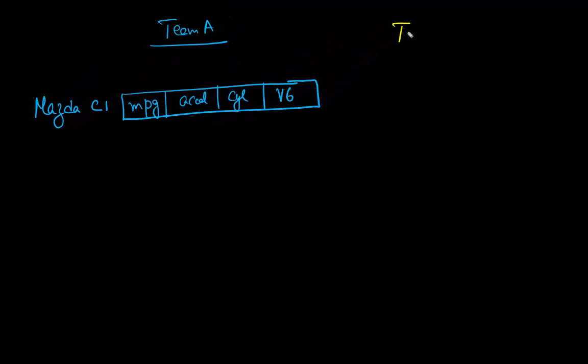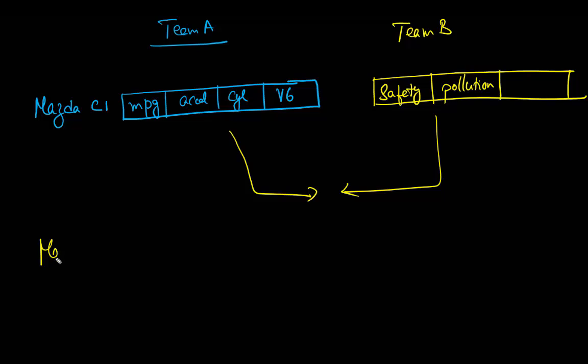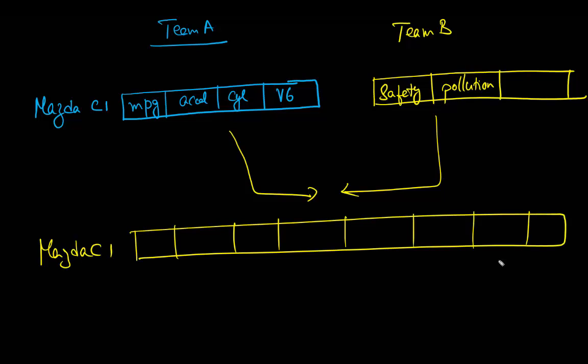And then there's team B that's getting data like the safety rating, the pollution parameters, so on and so forth. And you are going to combine both of this data into one row, Mazda C1, containing all these columns.